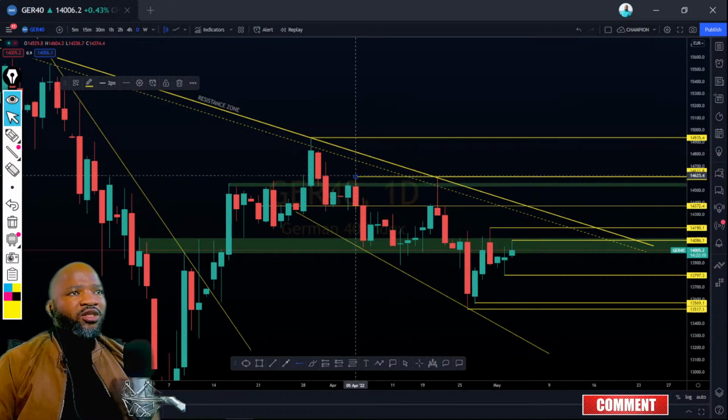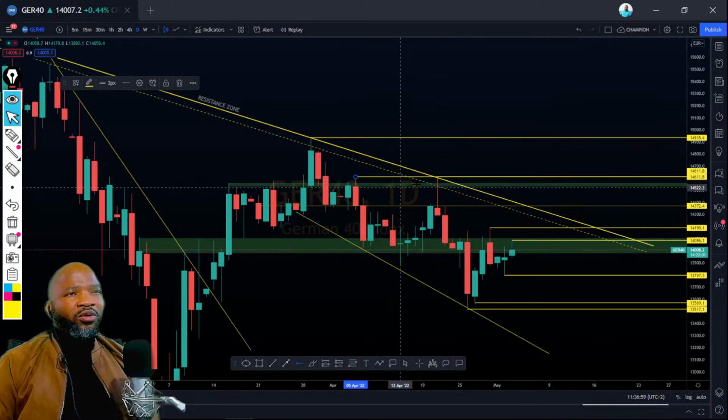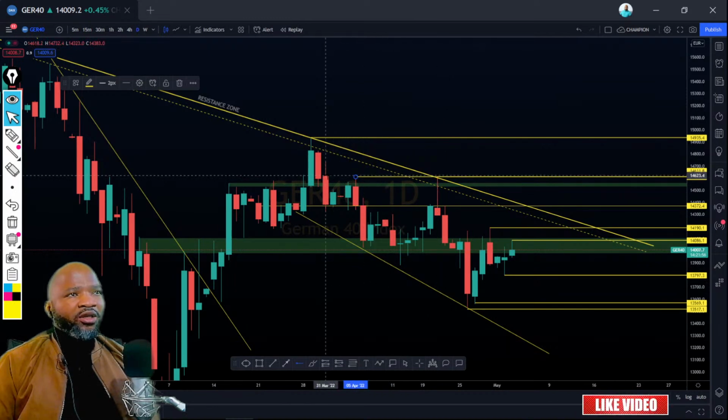As you can see right here, I just placed the key point here, but already there was a horizontal line. The price respected the level, and you can see these candlesticks. This candlestick right here opened just in that area and pushed towards the downside.